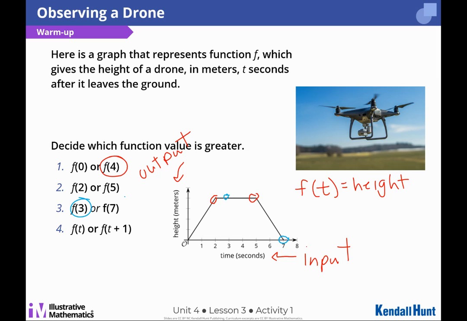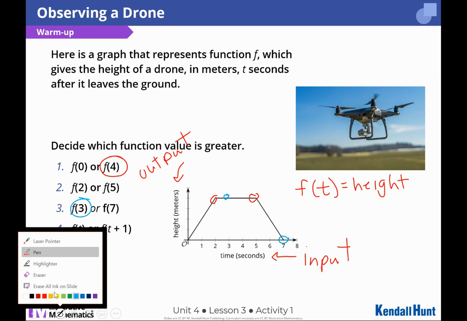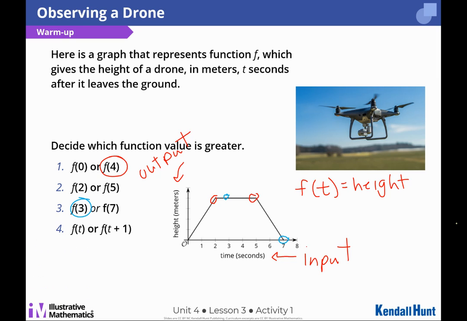So if we said t is 1, we'd be comparing this point where t is 1, and then t plus 1 would be this point here. But then, in this example, f of t plus 1 would be greater. But then if we said, oh, well, what if t is 6?